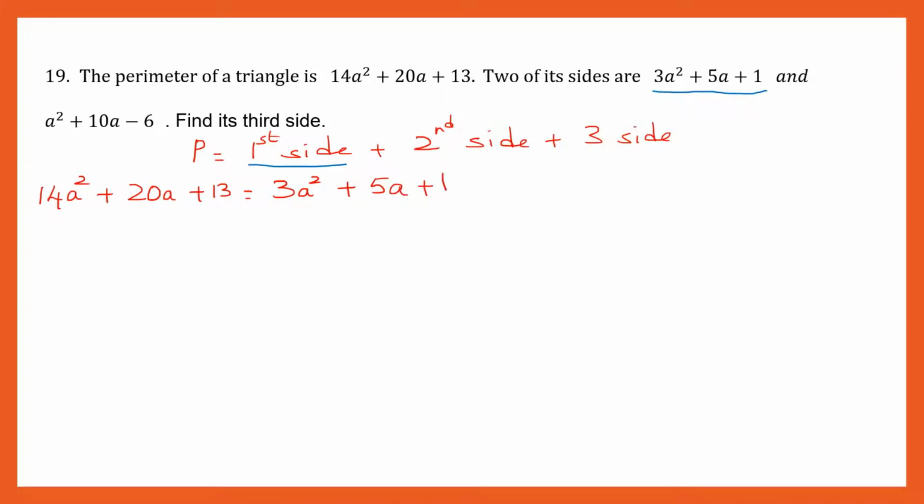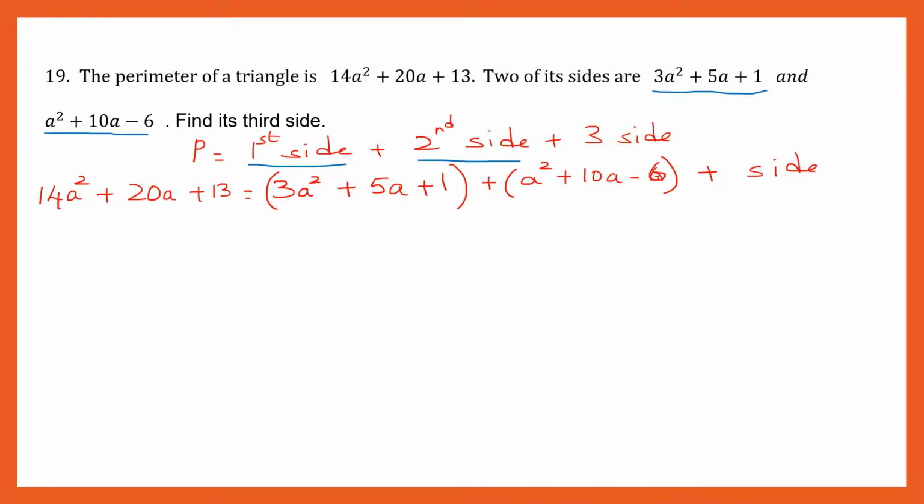Then the second side, we need to write the second side, which is this. We need to add it up, isn't it? So plus the second side will be a square plus 10a minus 6. Plus the third side, which we don't know, and we need to find it out.